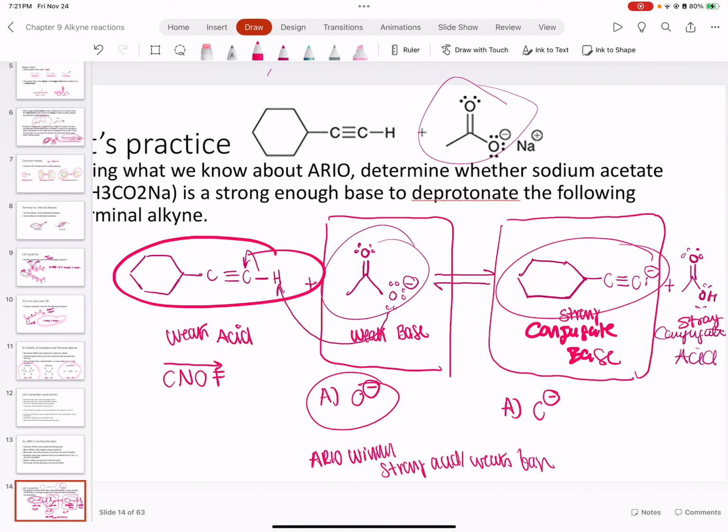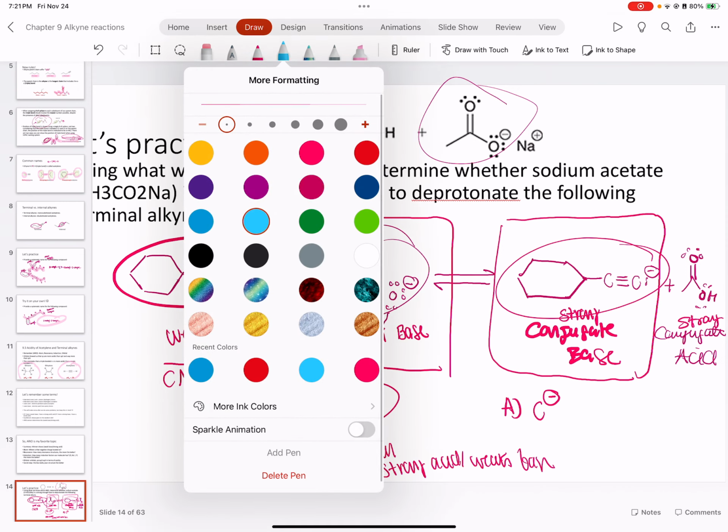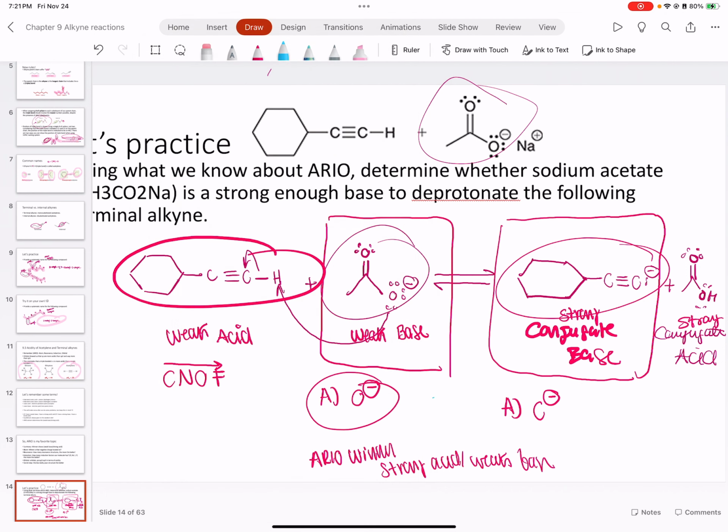Considering that, remember equilibrium goes to the weaker side. So my equilibrium is gonna go this way, meaning the reaction is gonna go this way instead of that way.